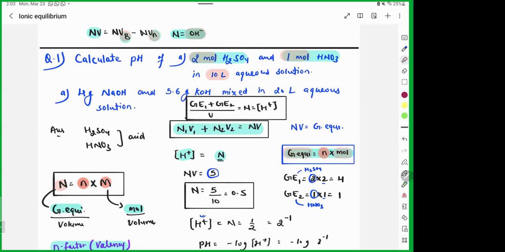Here you have 2 mole of H2SO4 and valency factor of H2SO4 is 2, so gram equivalent is 4. For HNO3, number of mole is 1 and valency factor is 1, so gram equivalent of HNO3 is 1. So 4 plus 1 is 5. Final value will be equal to 5, and volume is 10. That's why you can calculate normality of the solution.